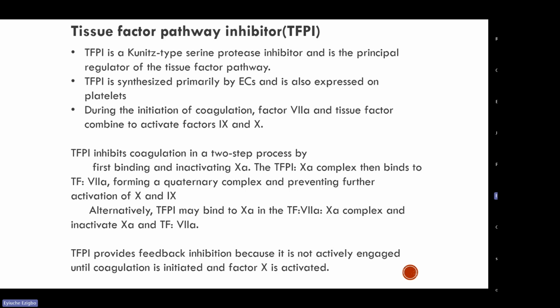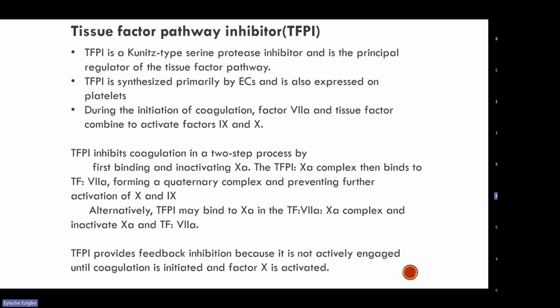So the tissue factor pathway inhibitor inhibits the process of blood coagulation by forming a complex with activated factor 10, preventing the activation of factor 10 by the tissue factor-factor 7 pathway.